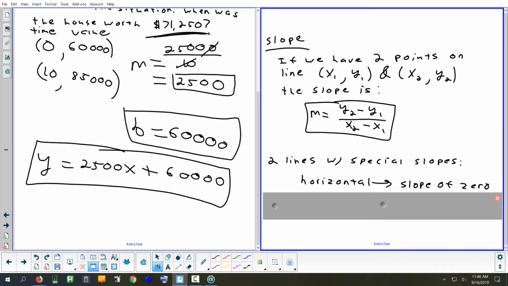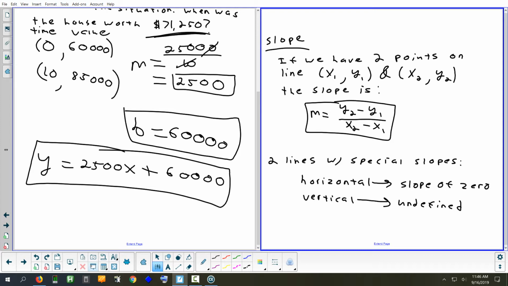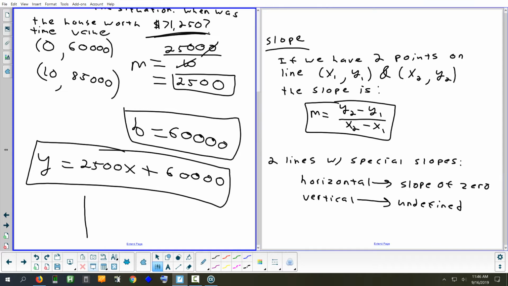Kind of. There's another word we use when we talk about a vertical slope. It begins with a U. Remember that one? Undefined. So vertical line slope is undefined. Because if you tried to find the slope of a vertical line, think about your coordinates on a vertical line.